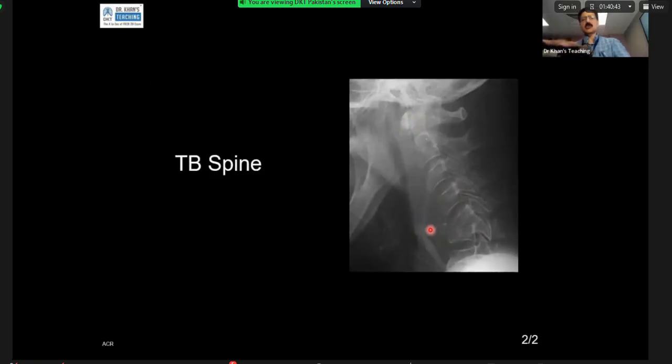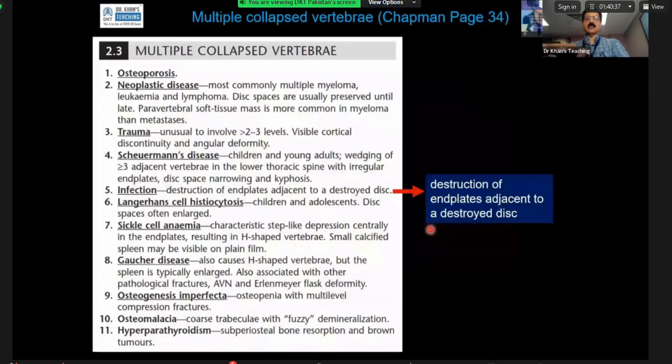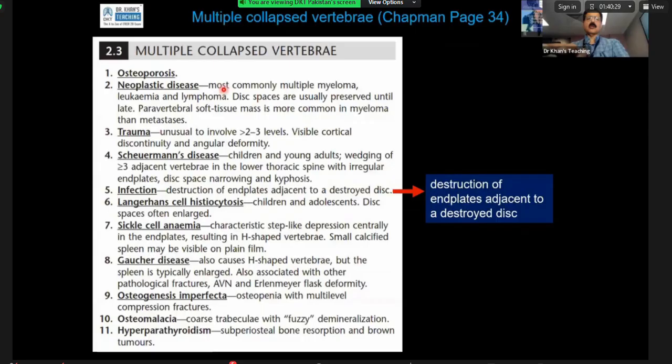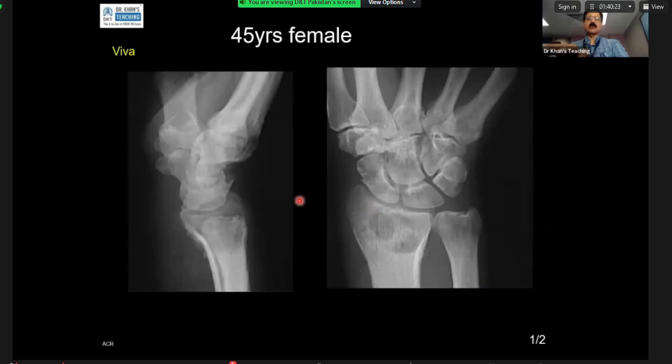So this case was TB, but I'm not expecting you to call it a TB. Just call it infection. That is fine. And the key finding is that the intervertebral disc is also destroyed. This is the differential in your book, multiple collapse vertebra. Of course, our case was a single collapse vertebra.